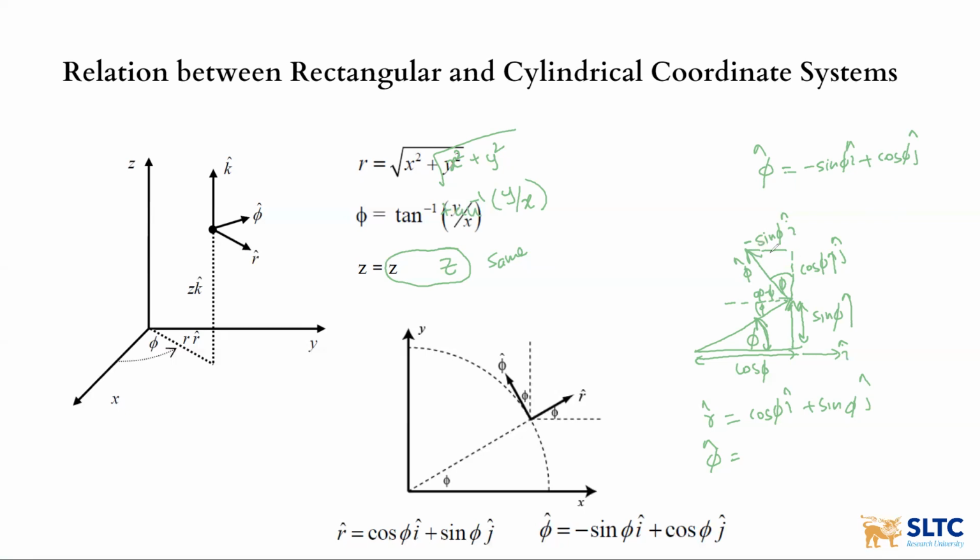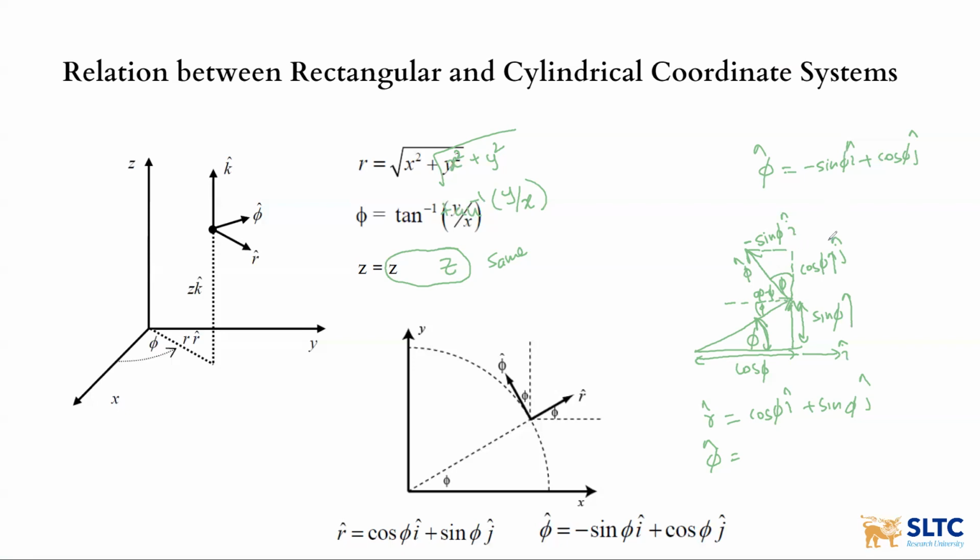The magnitude is sine phi in here, and then the magnitude along the y-axis direction is cos phi, 1 into cos phi. Then when I define those magnitudes with respect to i hat and j hat, I need to go along j hat and then minus i hat to reach the phi hat. That's another way of looking at it.